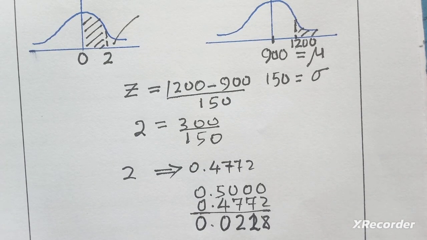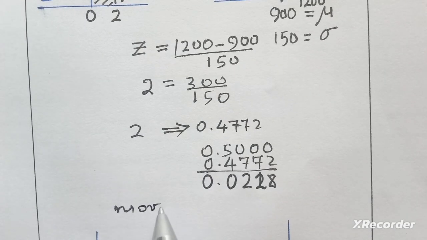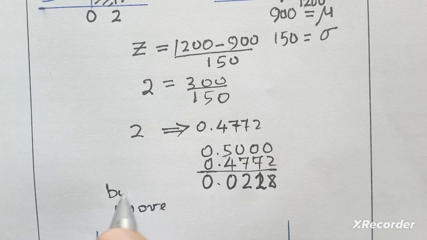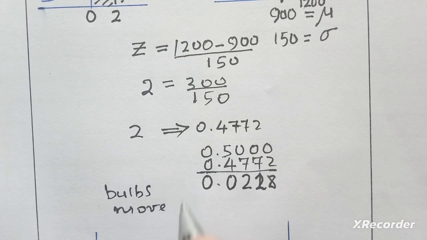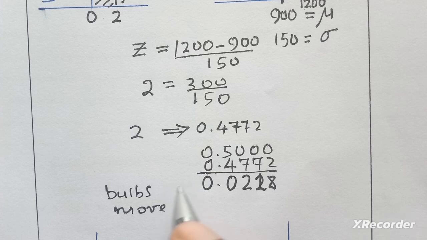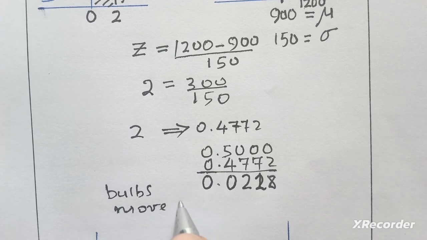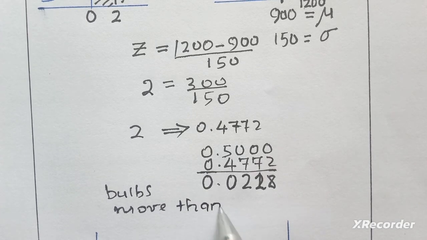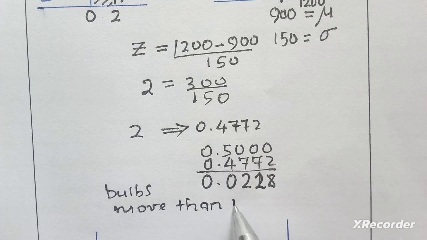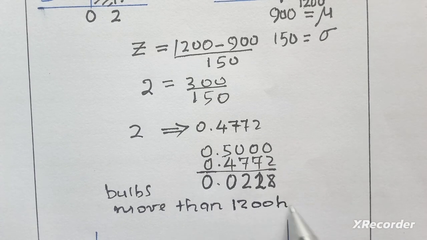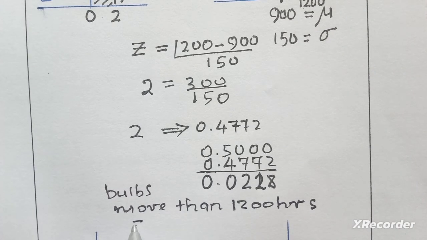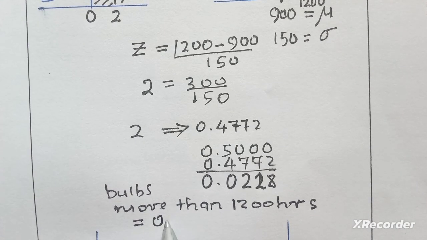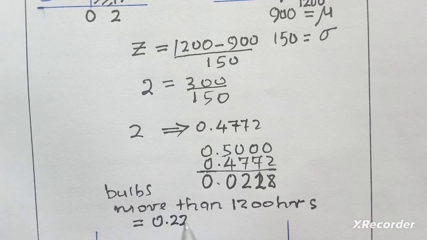So this one we say the bulbs with lifespan more than 1200 hours are now going to be 0.228.